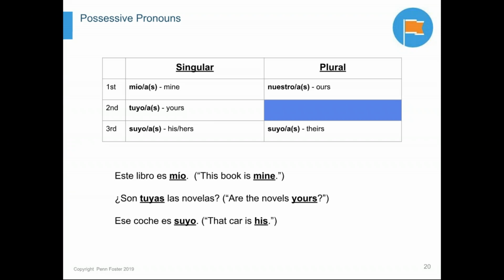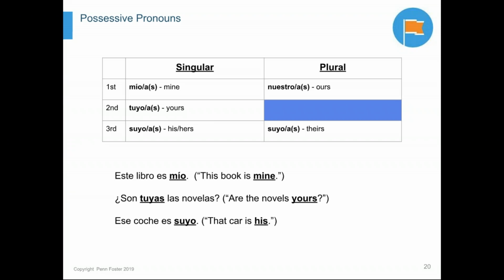So that first example, this book is mine. Everything about that sentence that can have gender is masculine. The word este, the word libro, and the word mío. Since libro, the noun here, is masculine and singular, mío, the possessive pronoun that represents it, is masculine and singular as well.